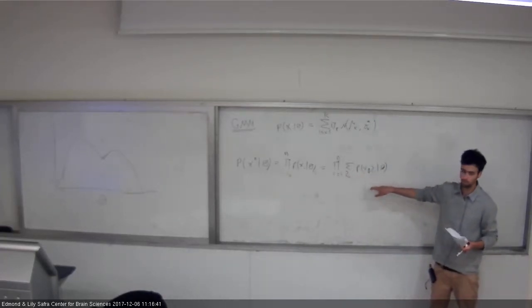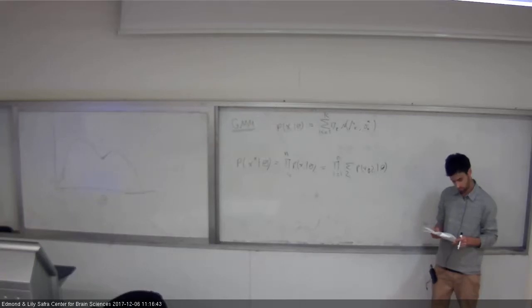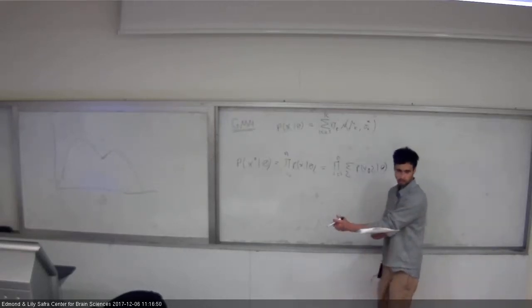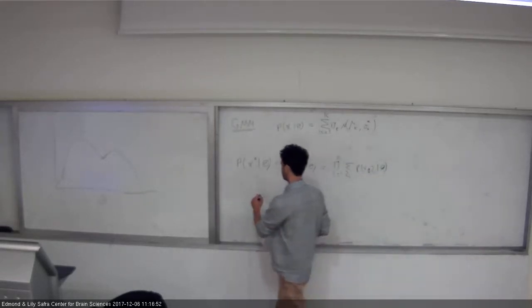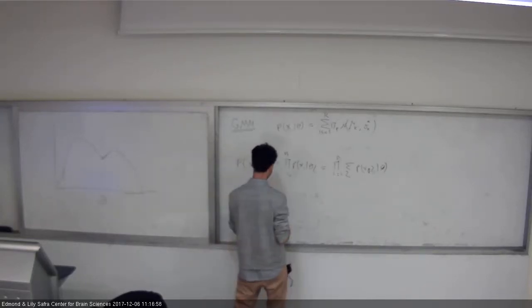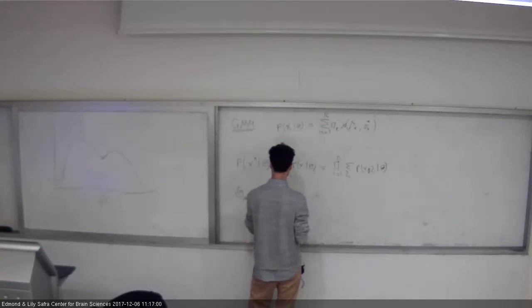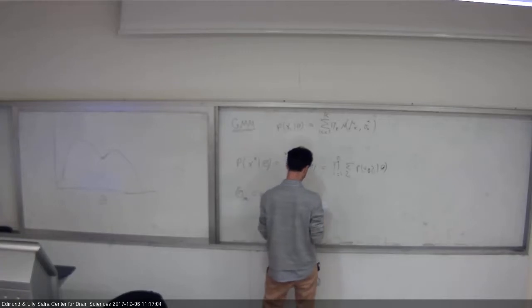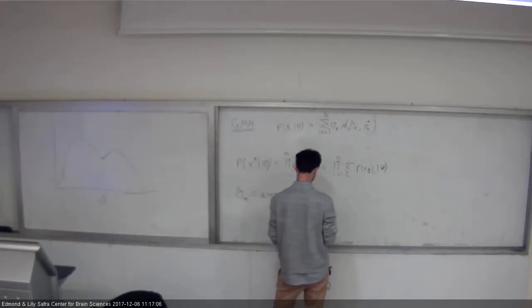But what is the problem? I can't decompose it. The maximum likelihood estimator is argmax over theta of the log of this term.